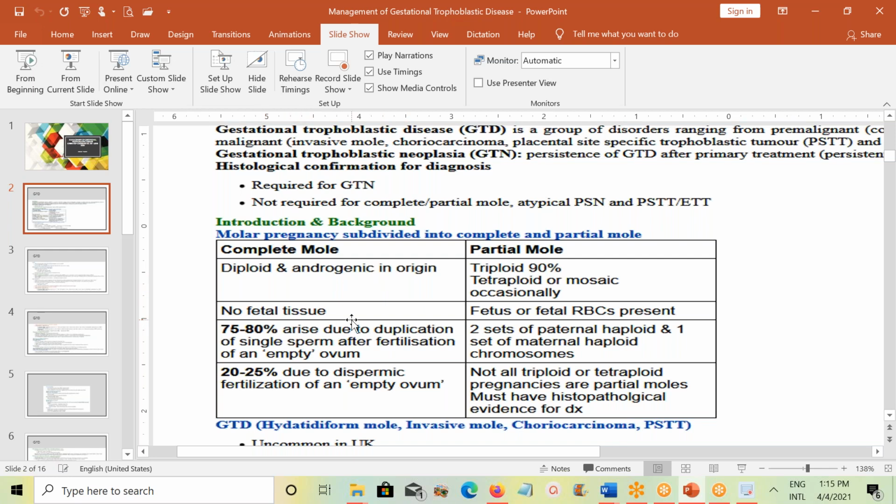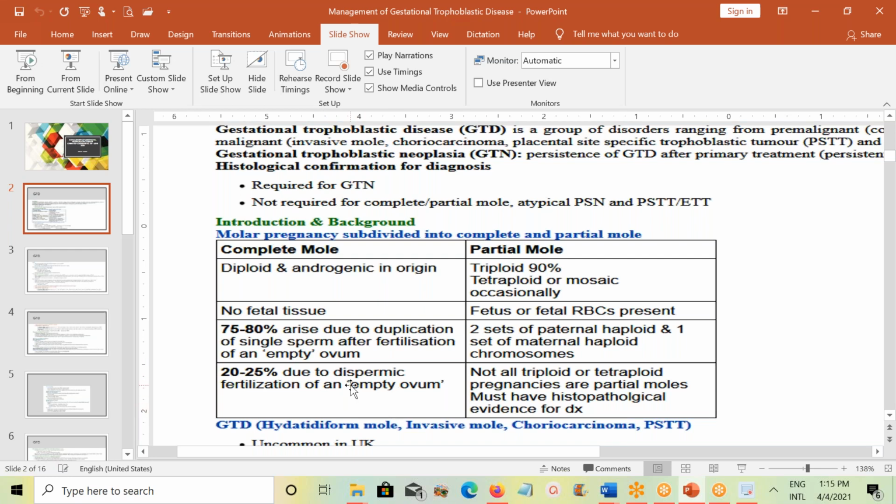We are not going to see any fetal tissue, and 75 to 80% arise due to duplication of a single sperm after fertilization of an empty ovum. So there is no genetic material from the mother, only androgenic or paternal origin, because one sperm entered and divided into two. And then 20 to 25% have dispermic fertilization of an empty ovum.